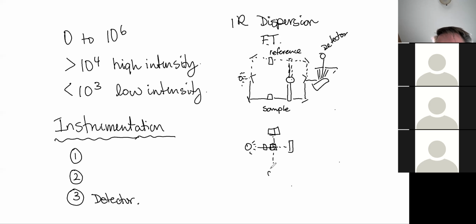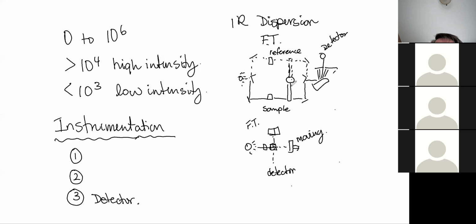Then we had our detector. In the dispersion infrared, we had a reference cell and a sample cell.